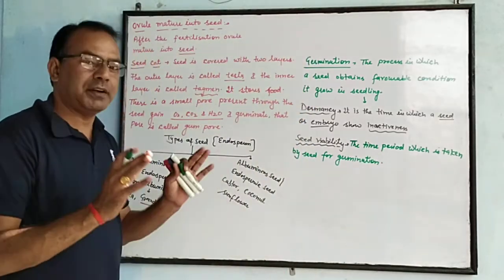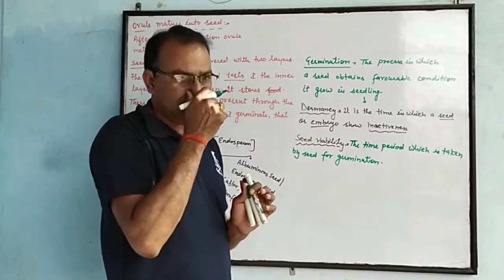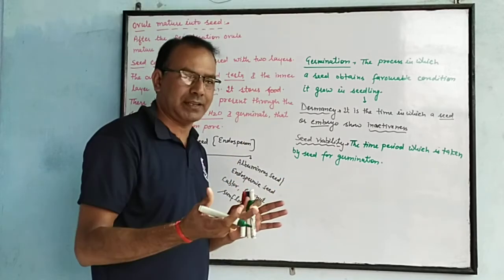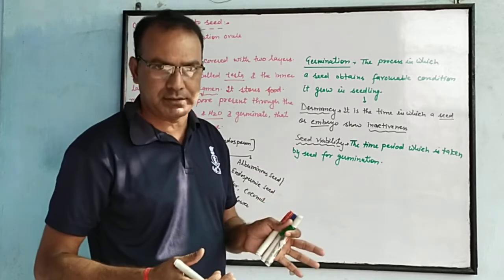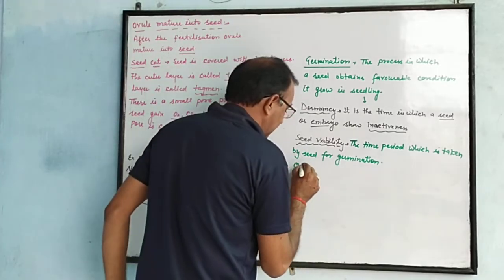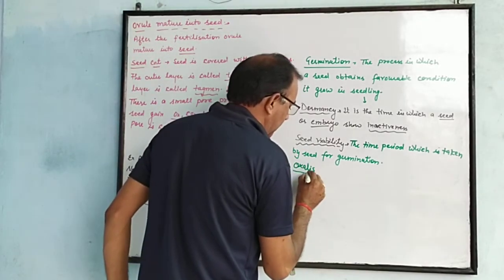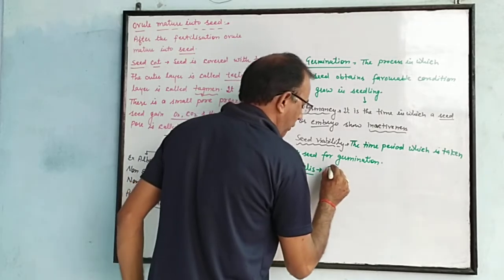Seed viability may be different in different plants. In some plants such as Oxalis, seed viability is about 30 days, or a few months.